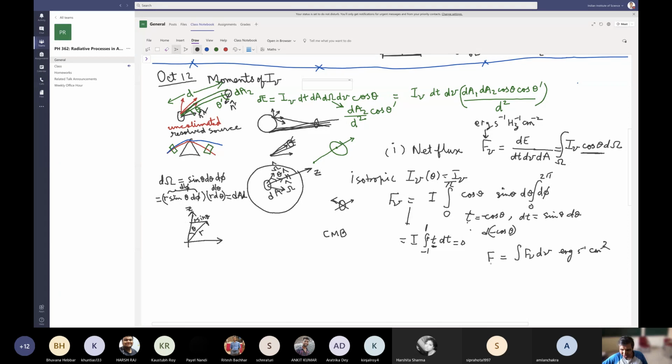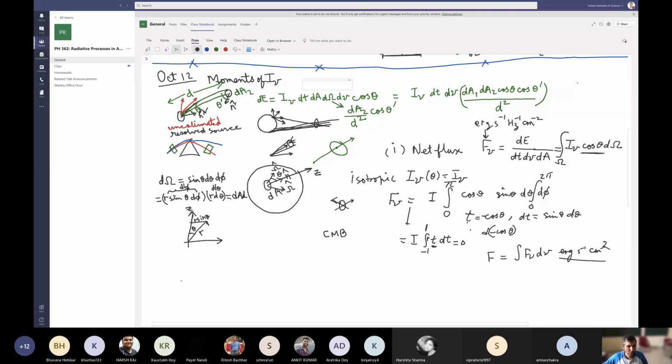So when we typically ask, the sun has this much luminosity, calculate the flux, this is what we are actually calculating. Basically, you're integrating over all solid angles.